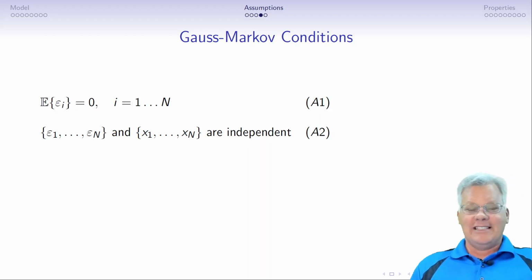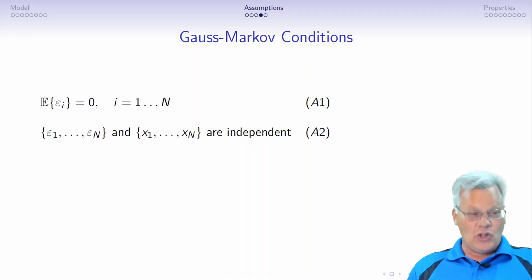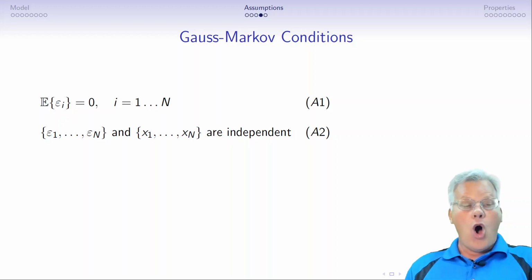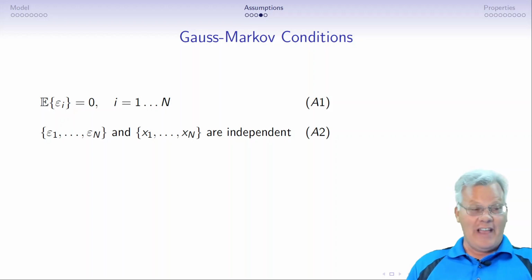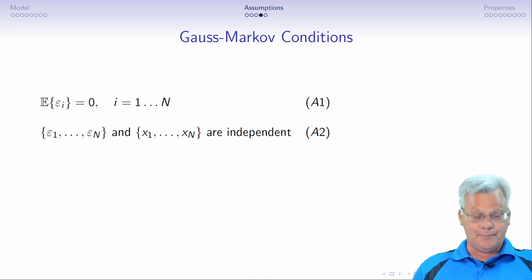Okay. The second condition is that the epsilons, the stochastic disturbance terms, and all of the values of the explanatory variable are independent. So that means that each epsilon is unaffected by all realizations of x throughout the sample.